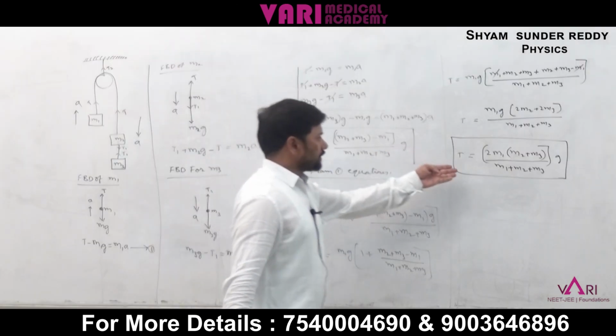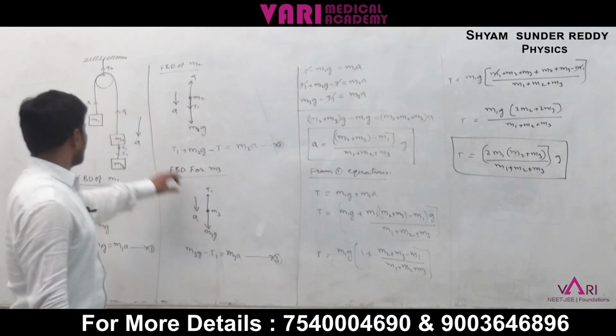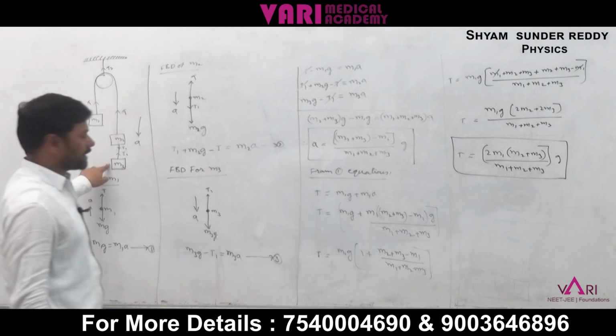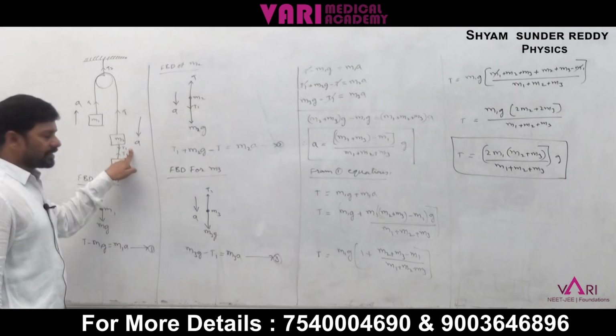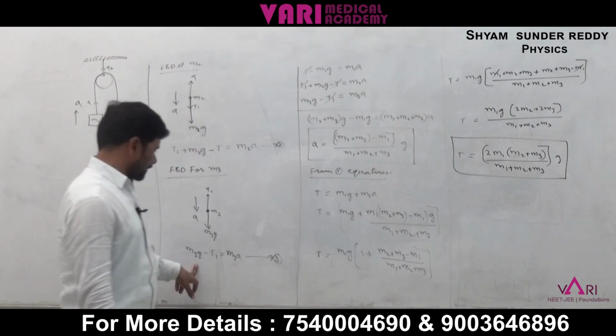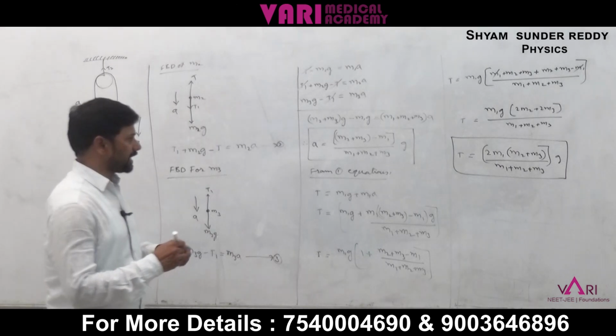Okay, this is the tension, and now we need to find the T1 value. Between m2 and m3 a different string is there. The string tension we want, that is T1. For T1, we need to take the third equation: m3g minus T1 is equal to m3a.